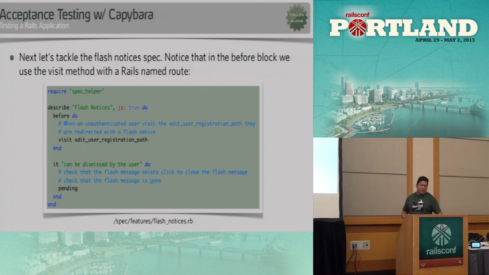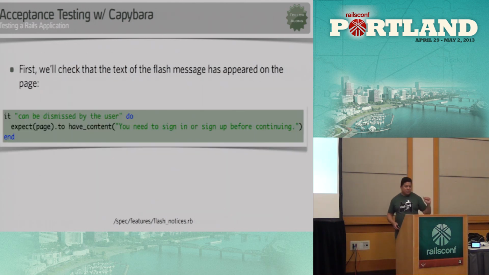Then we have the flash message should be able to be dismissible by the user. So what we're doing now, that's a pending test. To pass it, I'm first going to check that it's there. I'm going to say I expect the page to have that flash message.